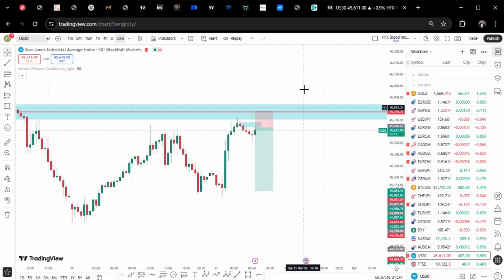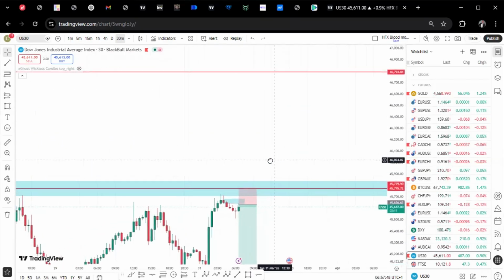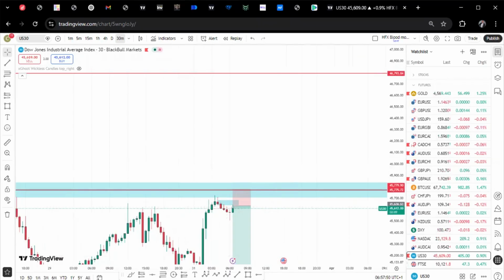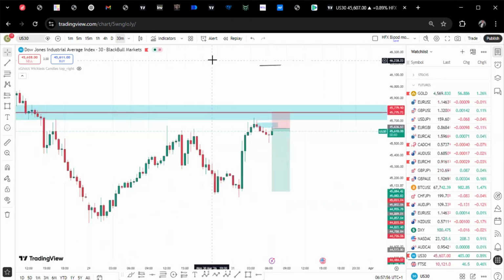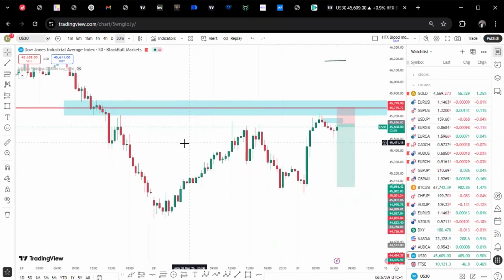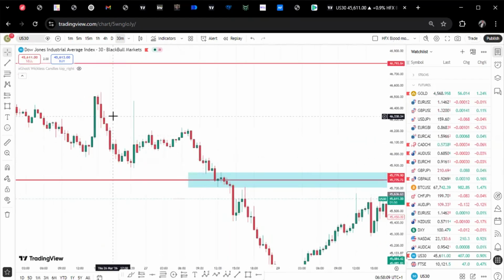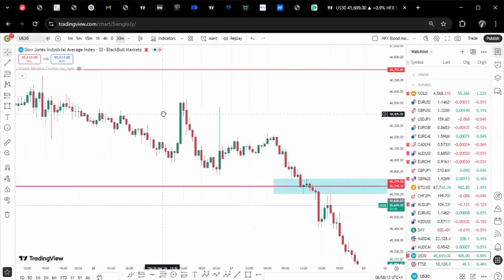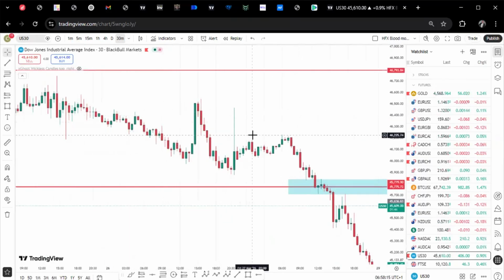It's advisable to go for the one in the middle. I'm trying to see if I can get a clear one where three FVGs line up together. One, two. It's advisable to go for the one in the middle.